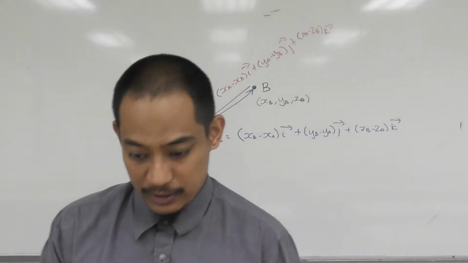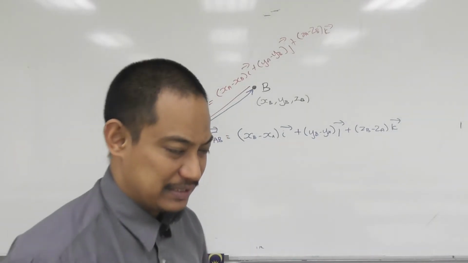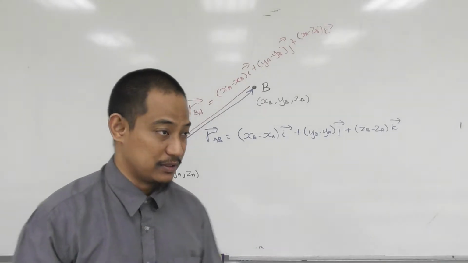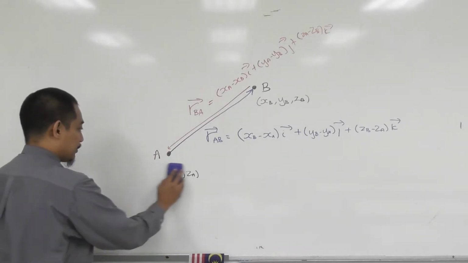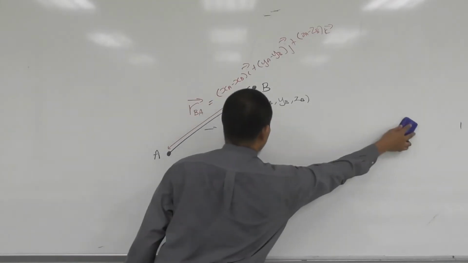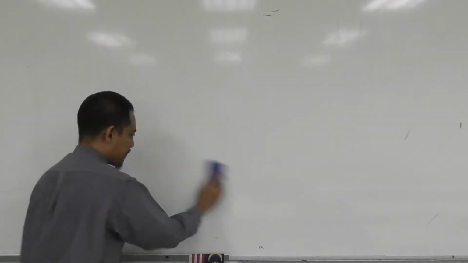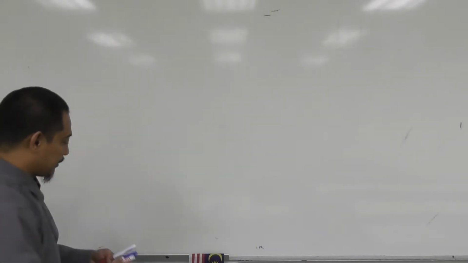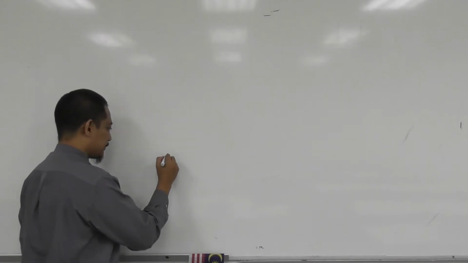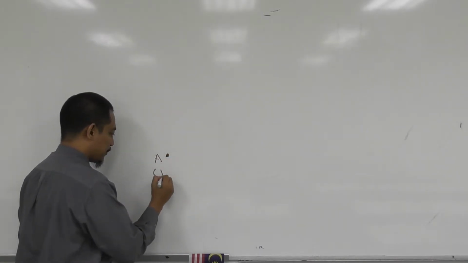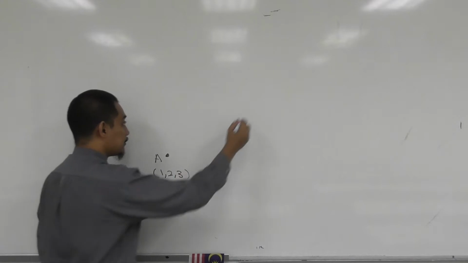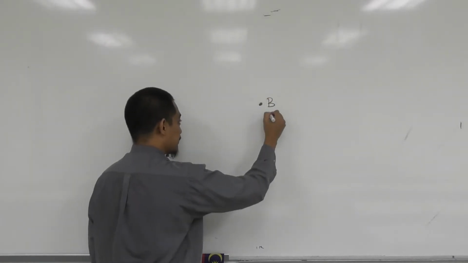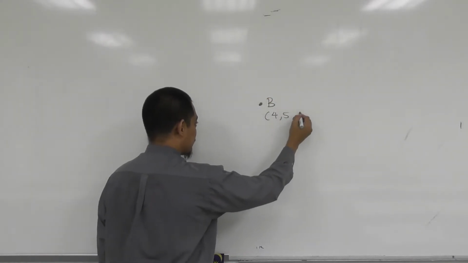So let us try with a number, because normally it's easier to digest when it is actually a number. Let's say coordinate A is 1, 2, 3 and coordinate B is 4, 5, 6.